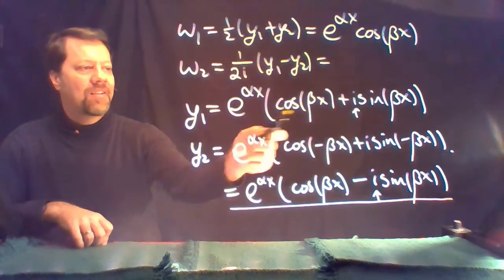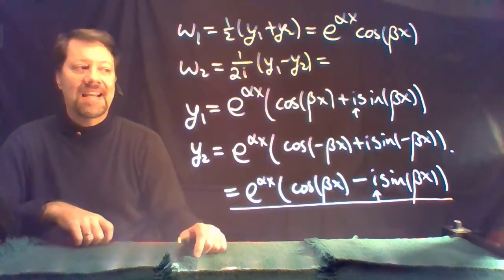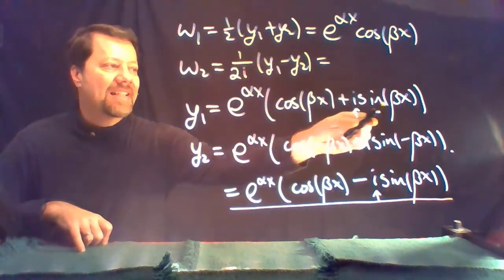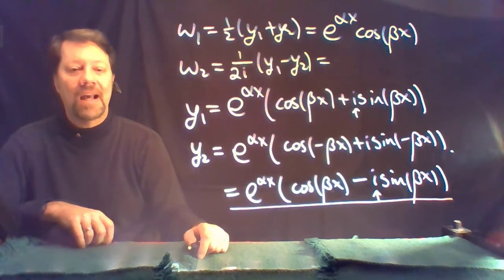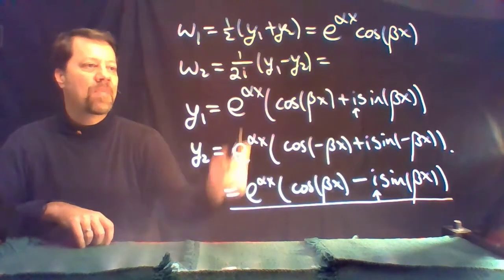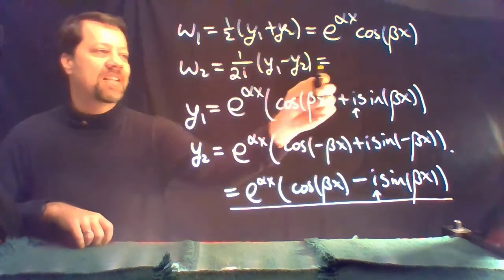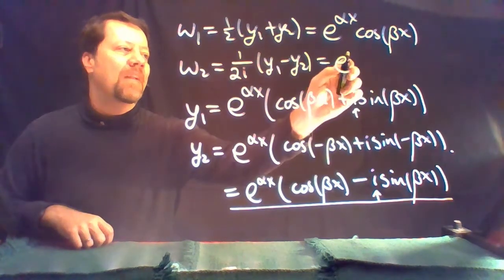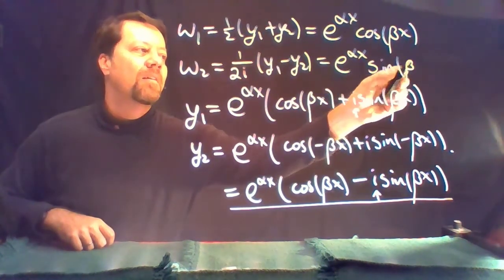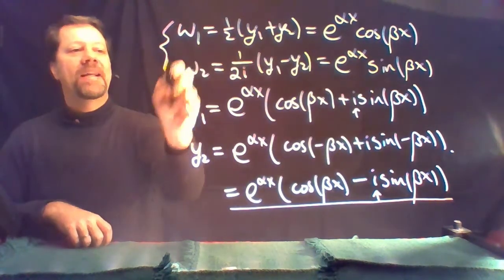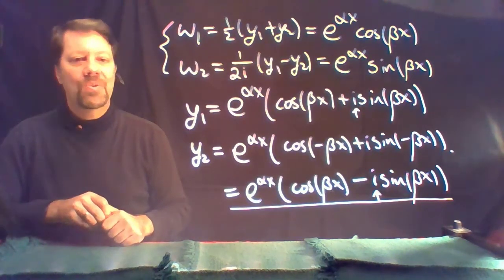If we subtract, the cosine beta x terms are going to cancel out. If I subtract the i sine beta x and the minus i sine beta x, I'll get 2i sine beta x. But if I'm dividing by 2i, the imaginary unit gets canceled out along with the 2, and we get e to the alpha x sine beta x.